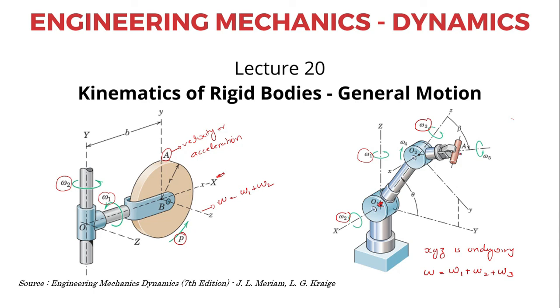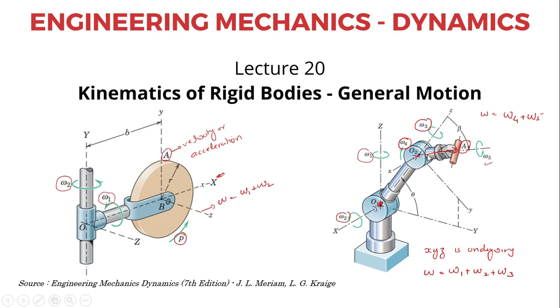Now suppose we want to find the velocity and acceleration of this point A here. Now you have the corresponding O2A vector which is undergoing an angular velocity given by omega 4 plus omega 5. These two values do not pass through point O1 but pass through point O2 here. That means there are two different points of rotation here.